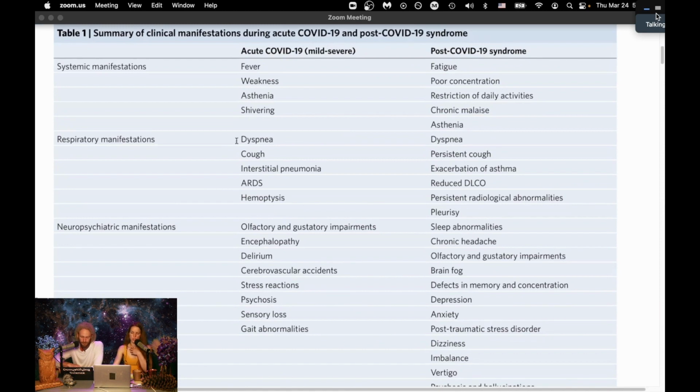So dyspnea is shortness of breath. So you get shortness of breath both in acute and post-COVID. Cough in both acute and post-COVID. You have less likelihood of pneumonia and ARDS and hemoptysis, which are basically super severe manifestations, but you do have decreased oxygen saturation across the alveolar membranes, this wet cough, and your scarring doesn't go away.